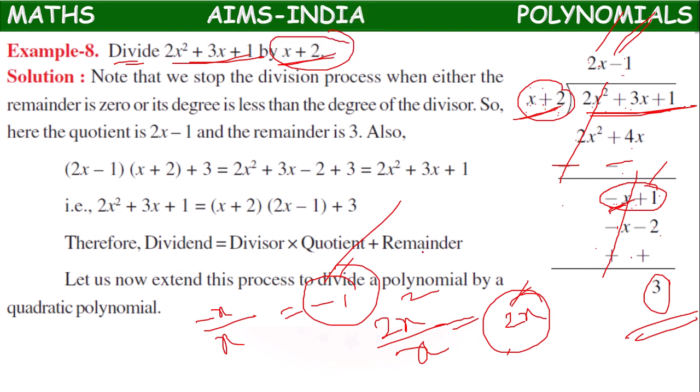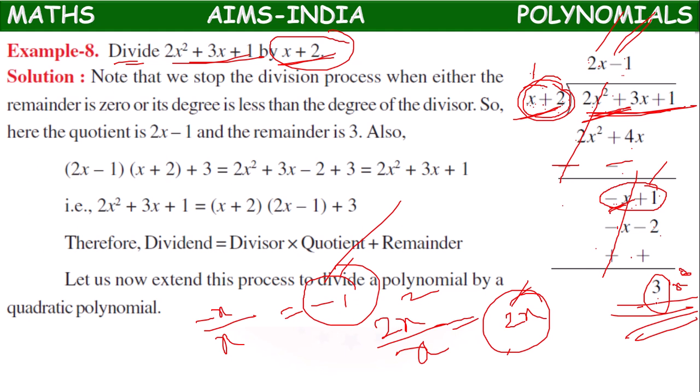Here the degree of the dividend is 2. The degree of the divisor is 1, because x power is 1, 2 is x power 0. So that's why here the degree is 1. We have got the constant 3 whose degree is 0.